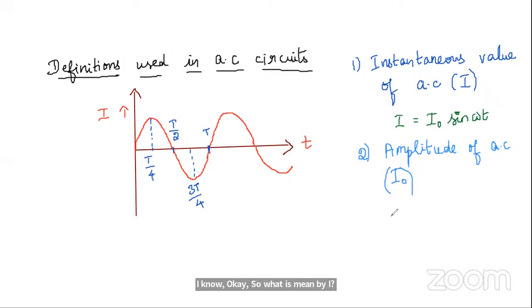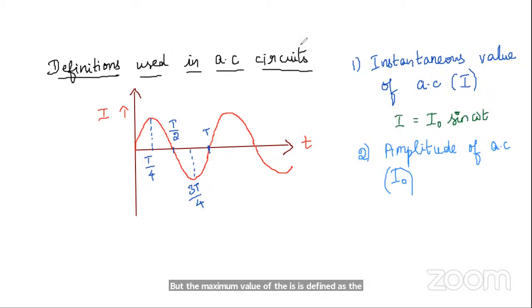The maximum value of AC is defined as the amplitude or peak value. Here you see at this point you have the maximum value, and at this point too. The maximum value means the maximum possible value. At this point it is the positive maximum and at this point the negative maximum.